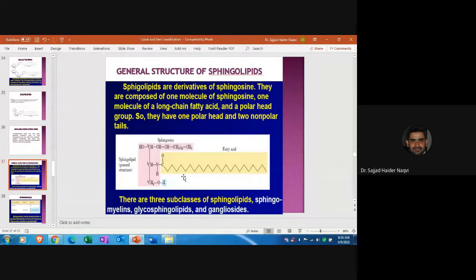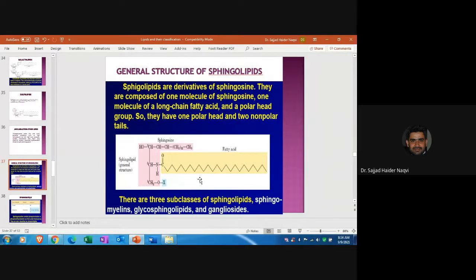So you can see that the common thing is, like in the sulfolipids, we have the sulfate group, which is the polar group. In phospholipids, we have the phosphate group, which is the polar group. And in sphingolipids, we have the polar group here, giving these molecules a bipolar nature. They have a polar group and they do have non-polar groups.